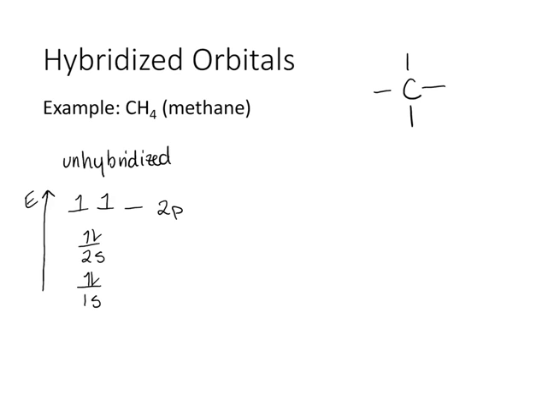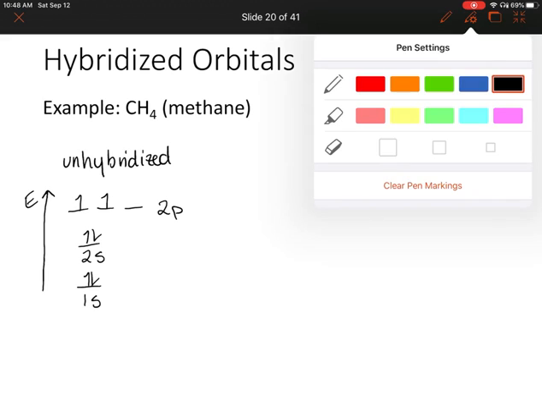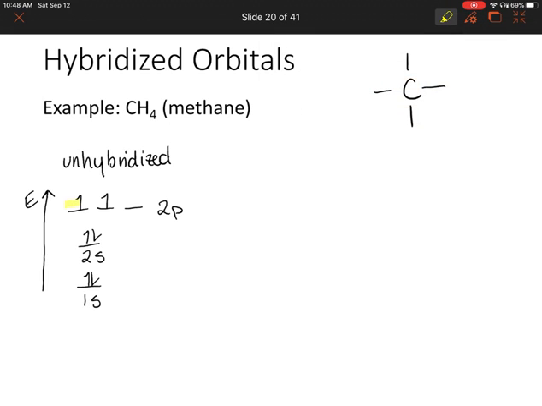Okay, so we said that we had 2 unpaired electrons in the 2p orbitals, but we need 4. So what we're going to do is combine the 2p and 2s orbitals.